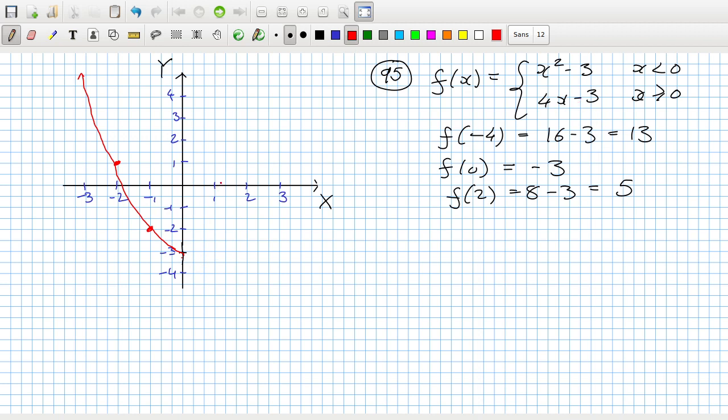When x is 1, we get 1. When x is 2, we get 5. So that would be up here. So I'm going to get a straight line like this. Okay, so it's a bit wobbly looking, isn't it?